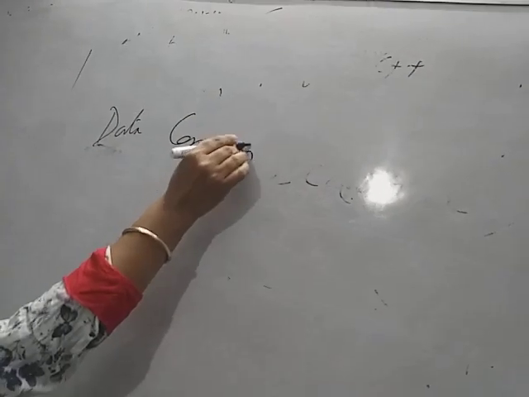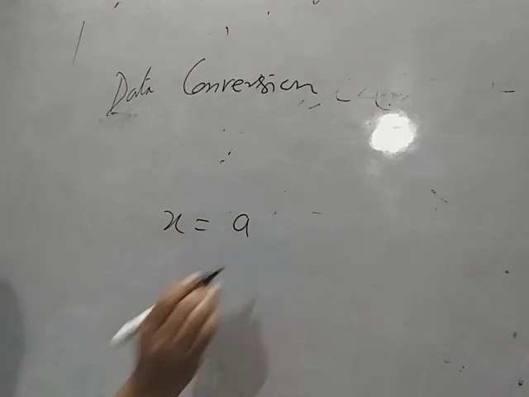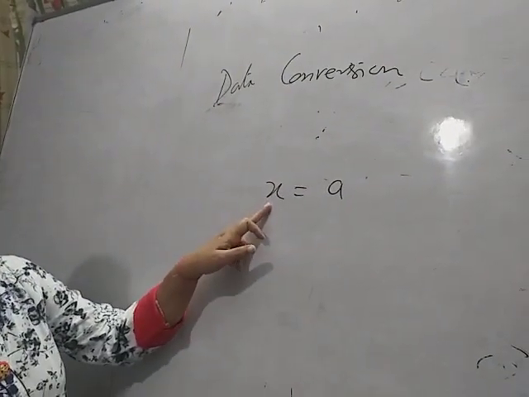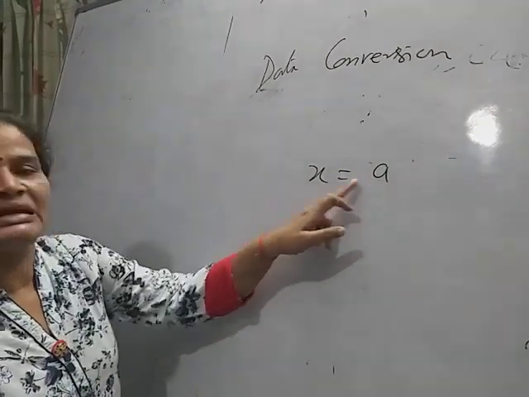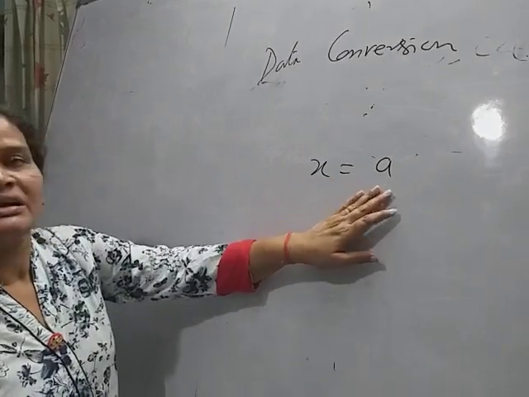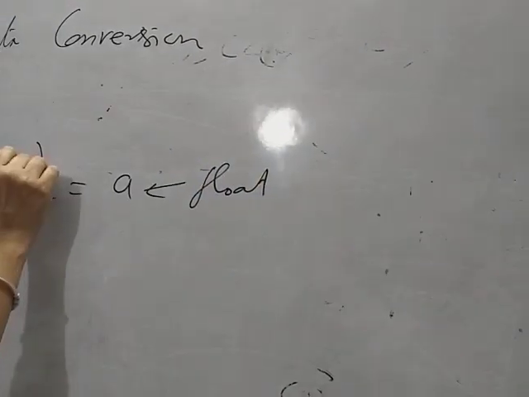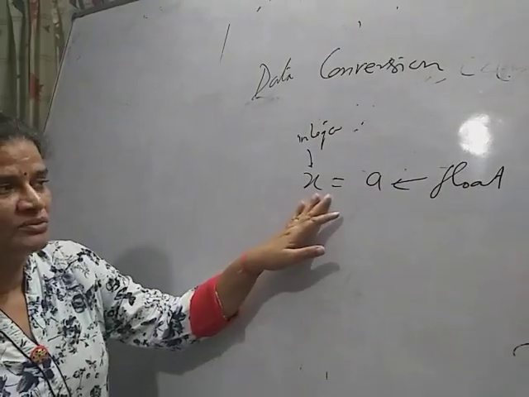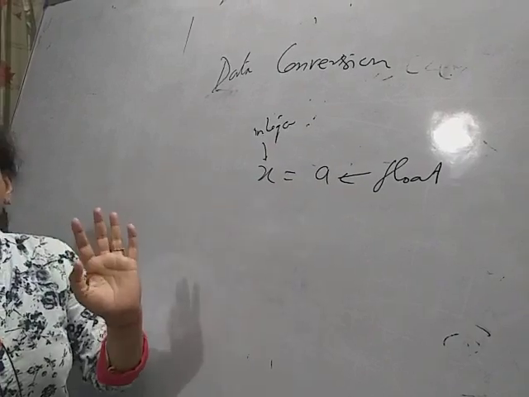We know that data conversion means, say suppose I am writing x is equal to a, and a is of type float and x is integer, then internally there is a built-in routine that converts float into integer. There is no error or warning by the compiler, simply the integer part of a is stored in x.